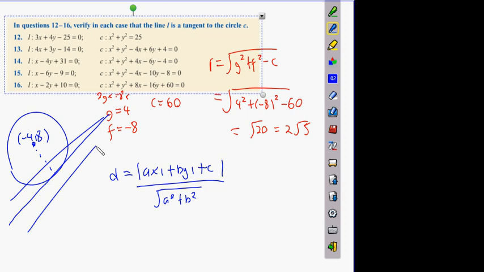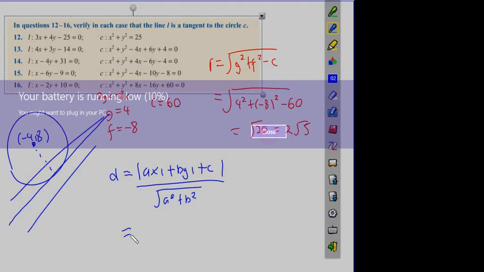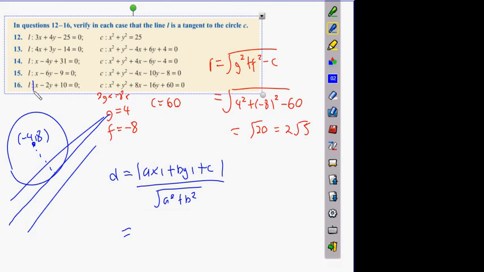So many ways to skin a cat, so to speak, right? So what we have here is A equals 1, B equals -2, C equals 10.